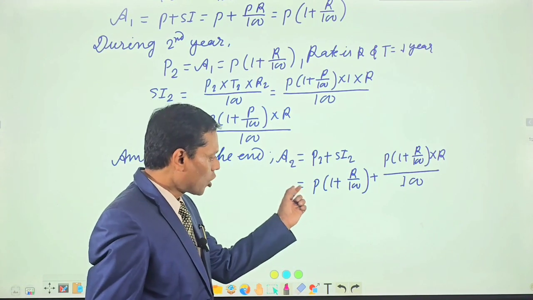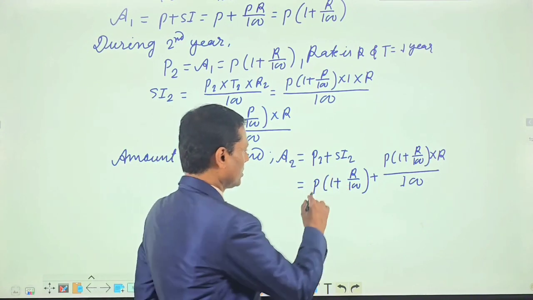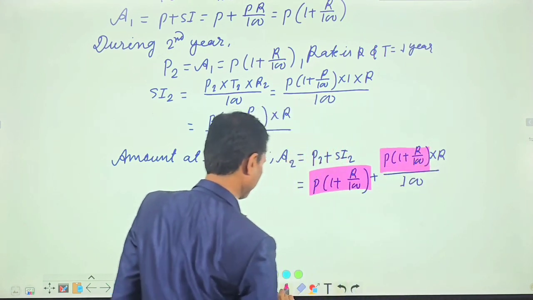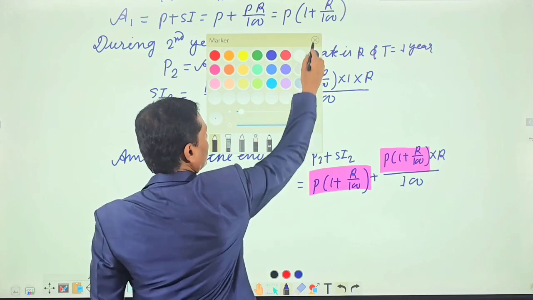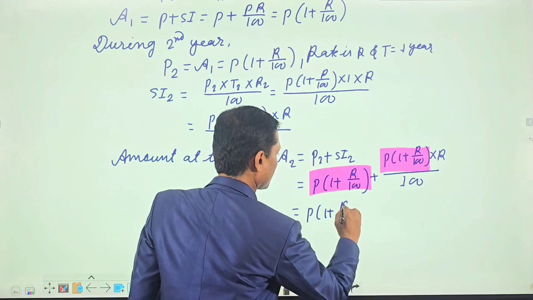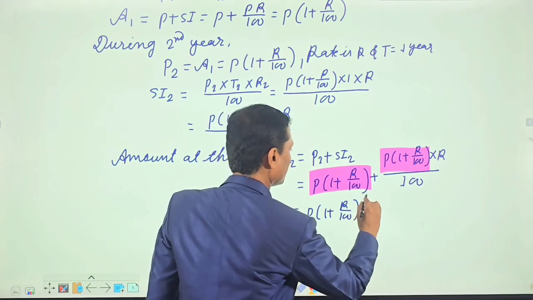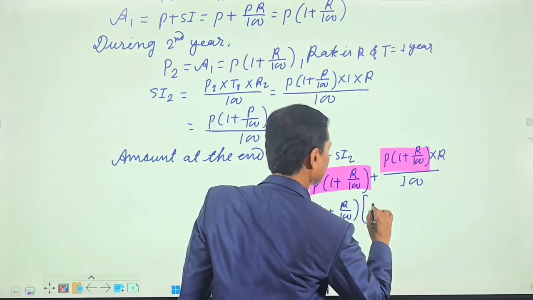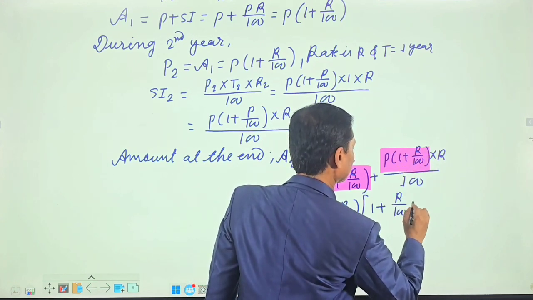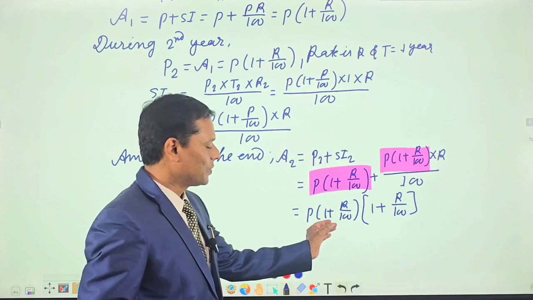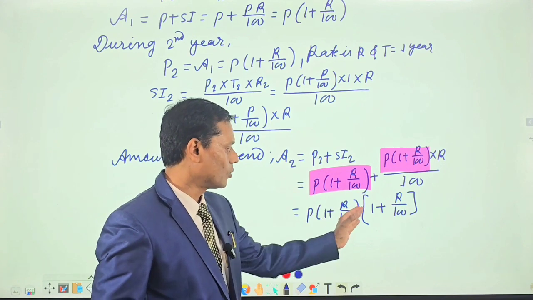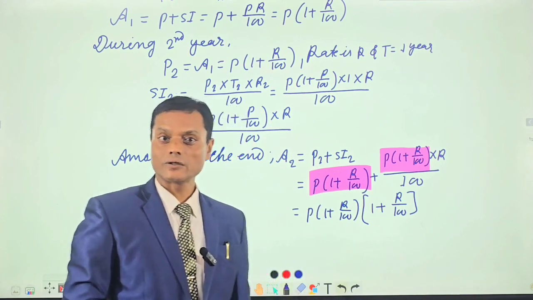So now we can take common P times 1 plus R by 100, this part. Have a look here. So when you take common, this becomes P times 1 plus R over 100, and here at this place there is 1, remaining is 1, and this part we can write here R by 100, isn't it? So P times 1 plus R by 100 and 1 plus R by 100, that is X into X equals X square.